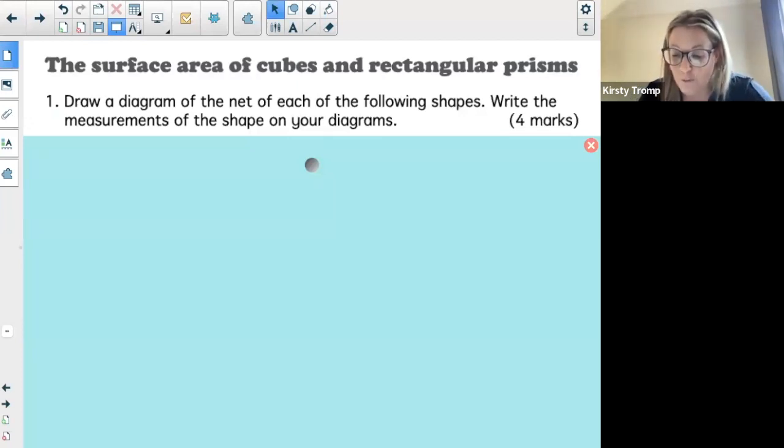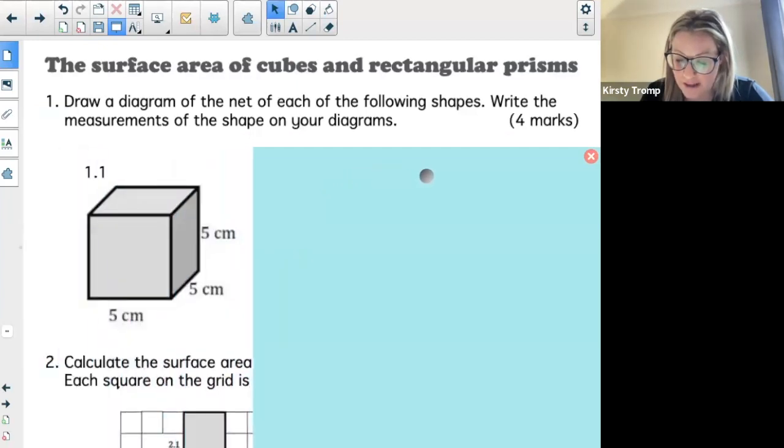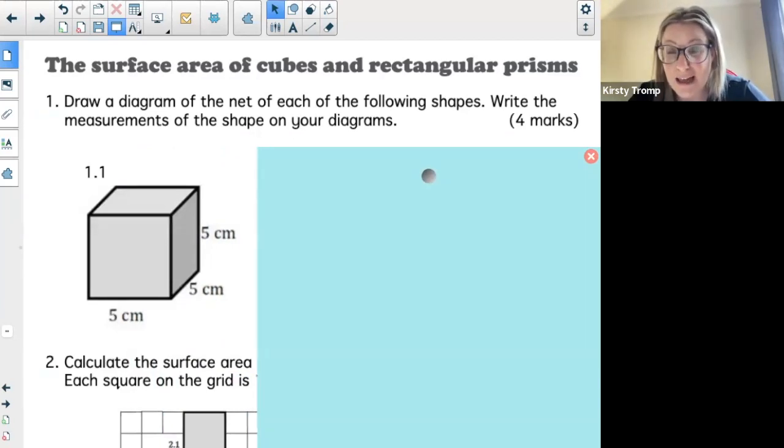If we're having a look at the first shape that we've got here, that first shape is a cube. A cube, like we saw before with the dice, is made up of 6 faces, and each face is a square.